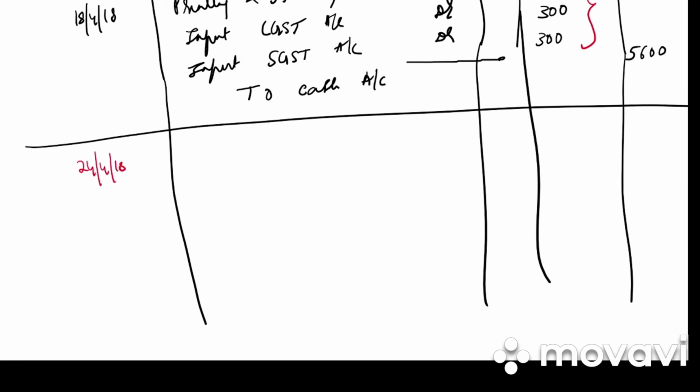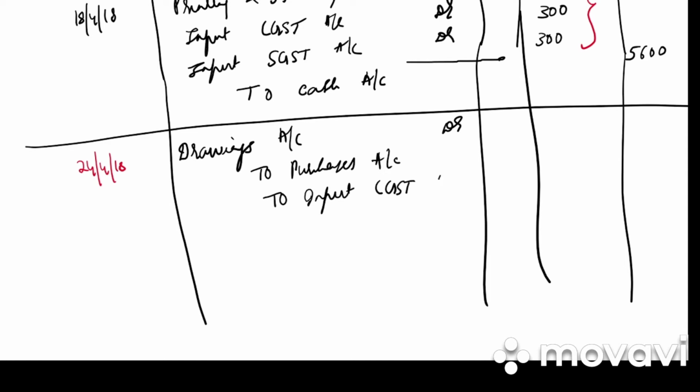Next we have on 24th April, withdrew goods for personal use. So drawings account debited to purchases account, to input CGST account, to input SGST account.